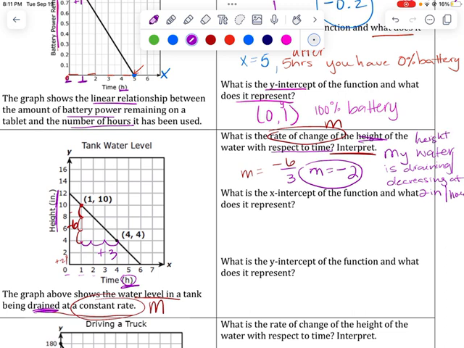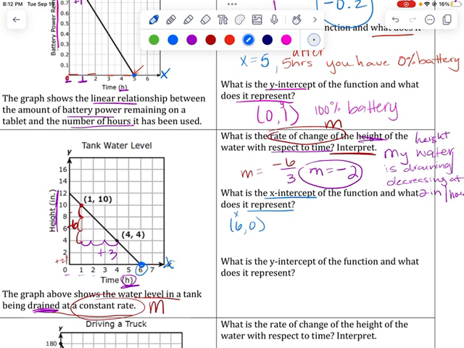What is the x-intercept? Next one. What is the x-intercept of the function? What does it represent? My x-intercept right here at 12. Oh, my bad. I'm just tired now. My x-intercept right here at 6. Here's the x. So this is x, 6. y is always 0 there.